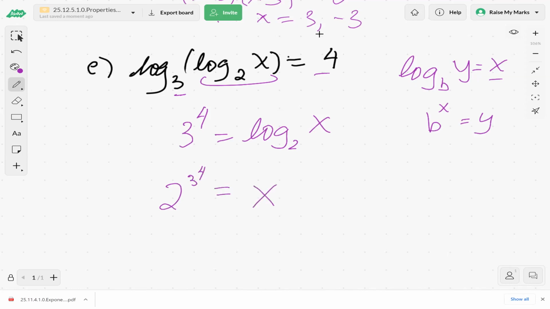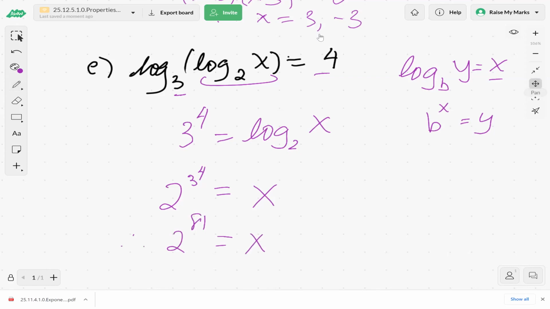Now we just have to evaluate this. What's 3 raised to the power 4? That's 81. So x is 2 raised to the power 81. That's a big number, so let's just leave it at that.